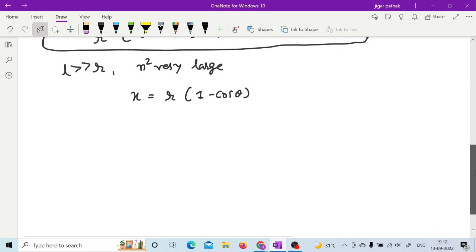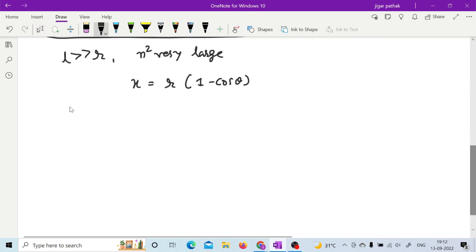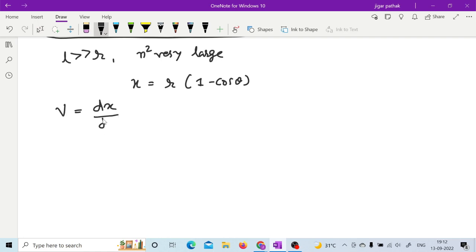Once you have the displacement of piston, you can go for finding the velocity easily, because velocity is nothing but the change in displacement with respect to time. So once you have dx by dt, you can rewrite it as dx by d theta times d theta by dt. d theta by dt will simply be omega.